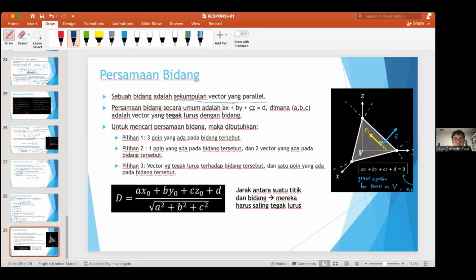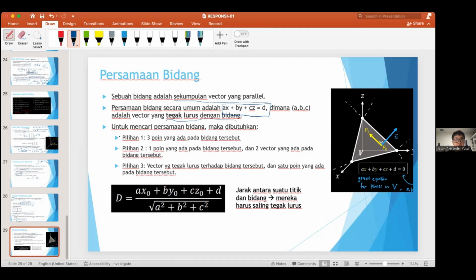And this is the general equation of the plane, where A, B, C are vectors that are perpendicular to the plane.